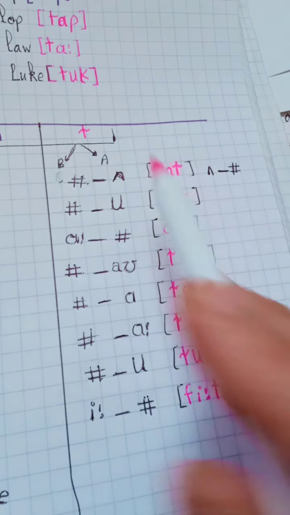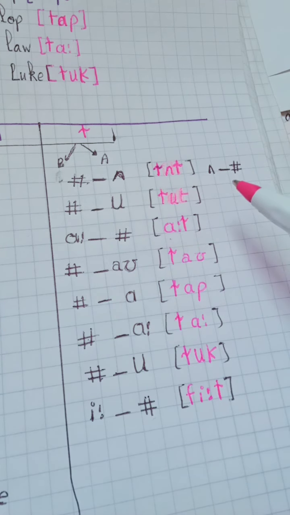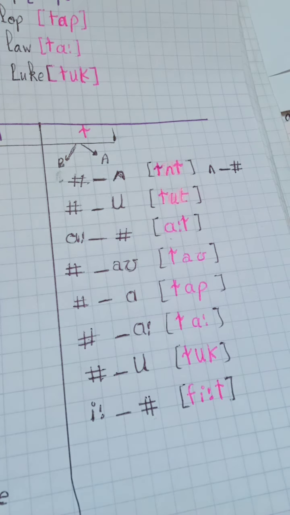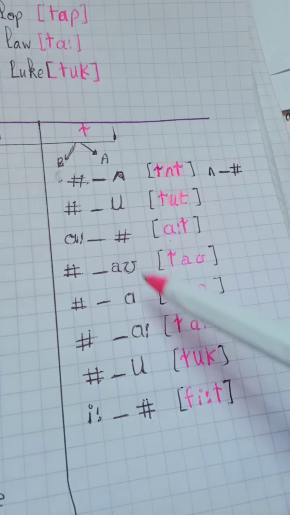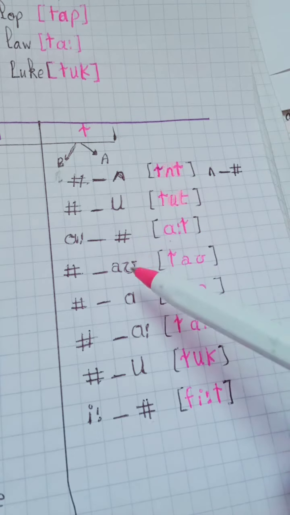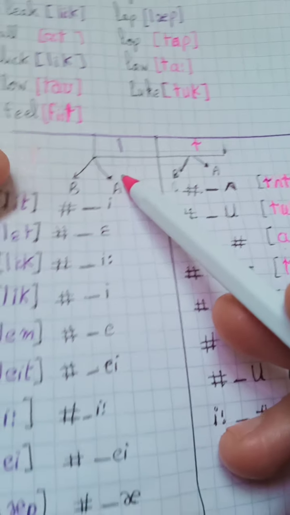So dark L can occur at the beginning or at the end of the word, it doesn't matter, but it should not occur before a front vowel, because if it occurs before a front vowel, it will be a light L.